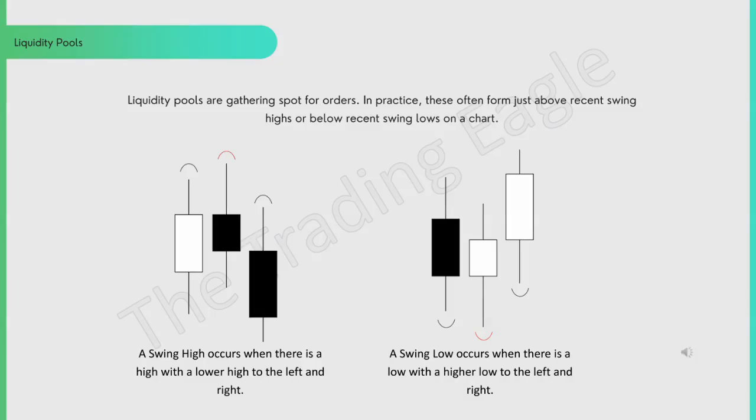Over time, this creates a pool of liquidity that the algorithm can target. Above recent highs, you often find buy side liquidity, which is the stop losses from sellers, and below recent lows you find sell side liquidity, the stops from buyers.